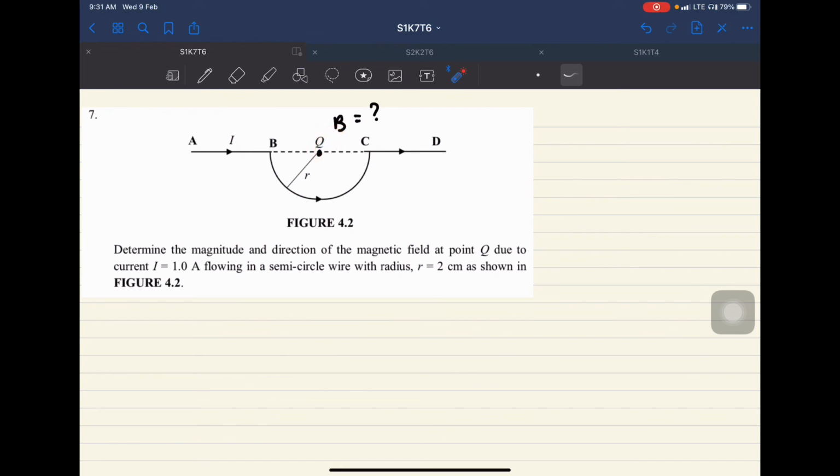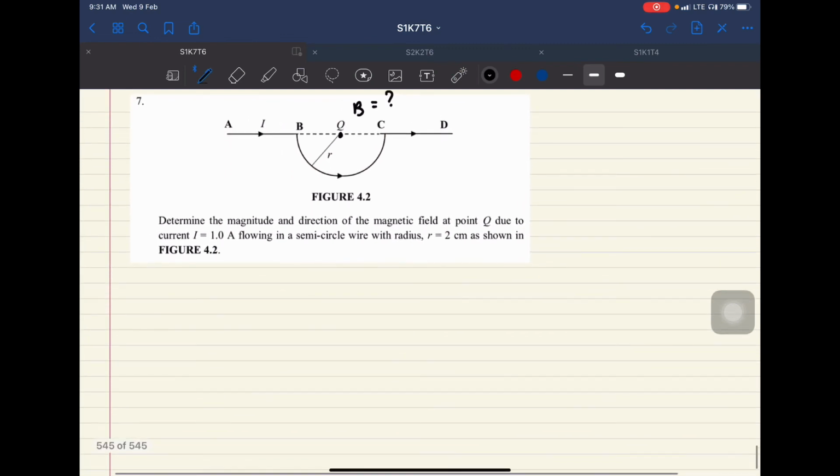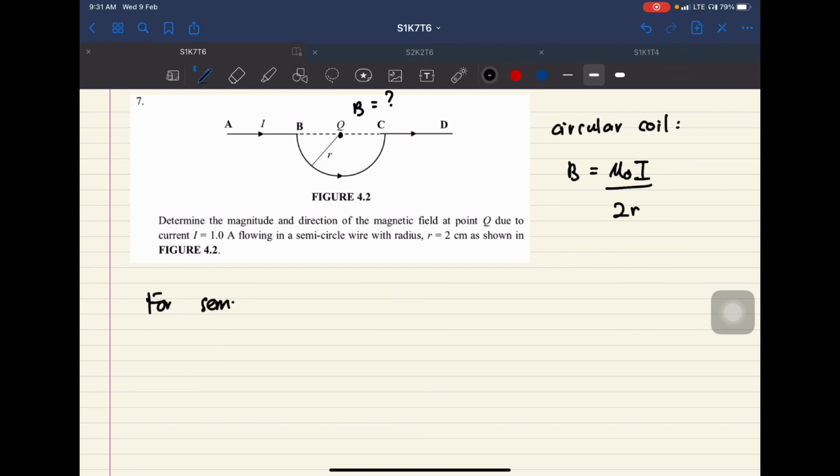The only segment that contributes will be BC, and this BC is actually half of a circle, a semicircle. So to solve this one, I can apply the circular coil equation. You know that for a circular coil, the formula for the magnetic field is B equals mu naught I over 2R, right? But if you want to use a semicircle, it will be half of that.